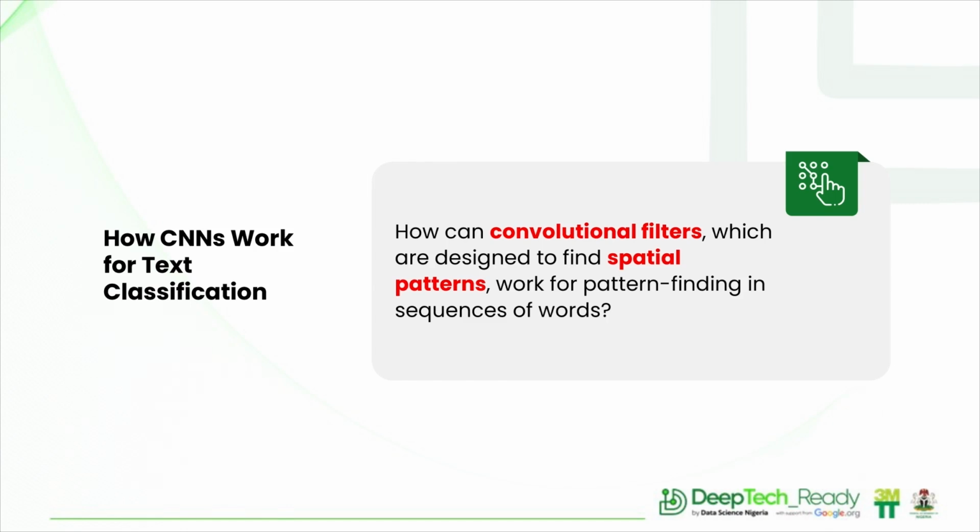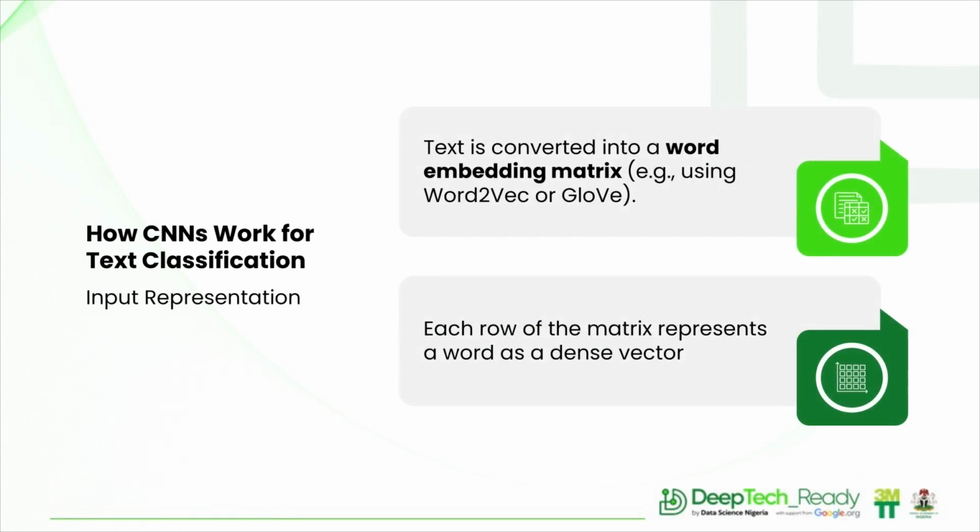To apply CNNs to text data, the input needs to be converted into a numerical representation that the model can process. This is basically done by transforming the text into a word embedding matrix, where each word in the sequence is represented as a dense vector. You can use embedding techniques like word2vec or GloVe in order to generate these vectors, and they will capture the semantic meaning as well as the relationships between words.